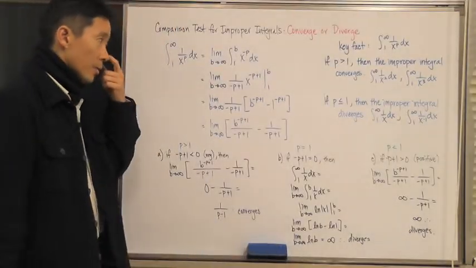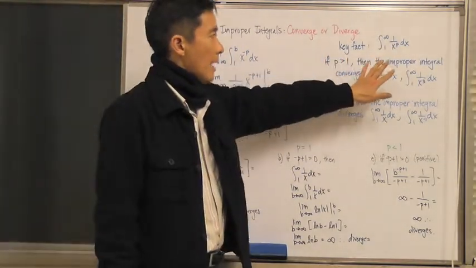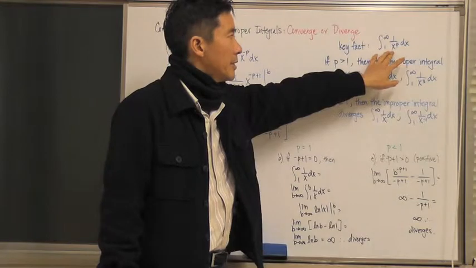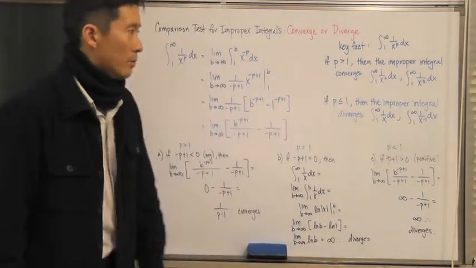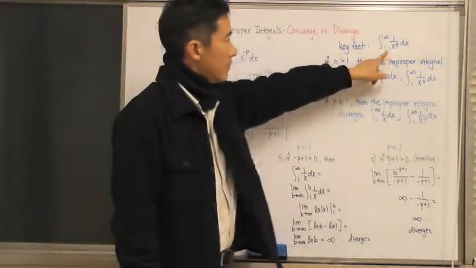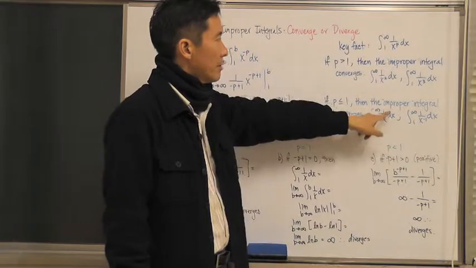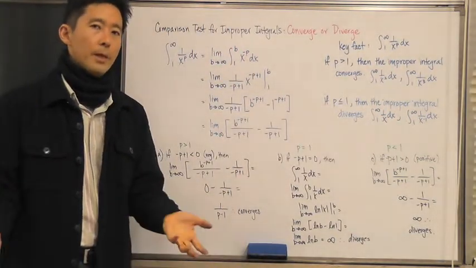So what we needed to do was establish this key fact with regards to a very simple looking improper integral, because what we're going to do next is compare these particular simple integrals to other improper integrals that are much more complex.